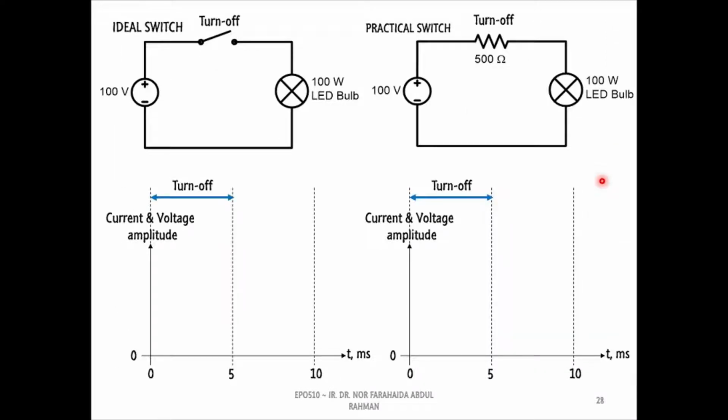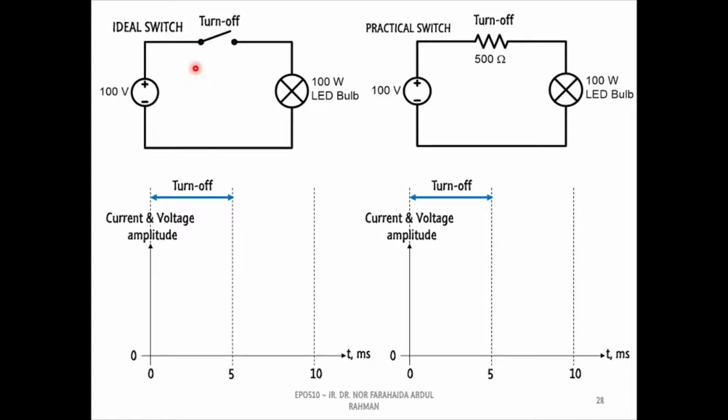These two figures show the equivalent circuit of the power switch during the off state. The left circuit refers to an ideal power switch, and the right circuit is a practical power switch. In an ideal condition, the inner resistance of the power switch is infinite.